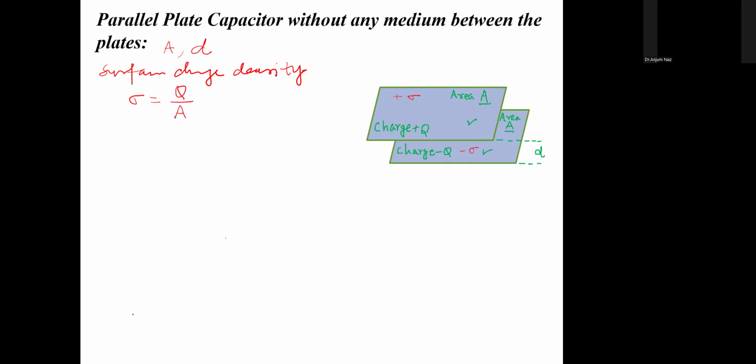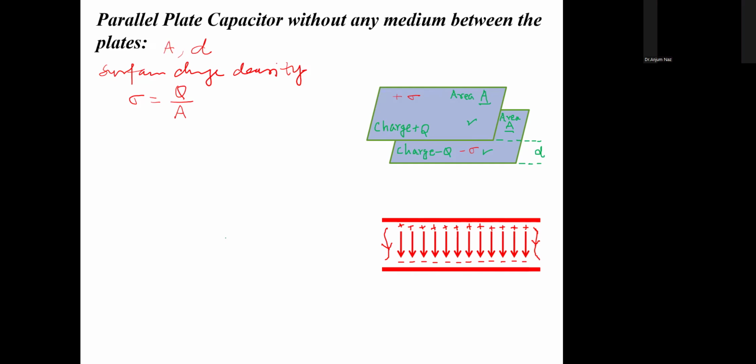Now, this is the cross-sectional view of the parallel plate capacitor with plate area A and plate separation D. Plus q charge is given to the upper plate and minus q to the lower plate.